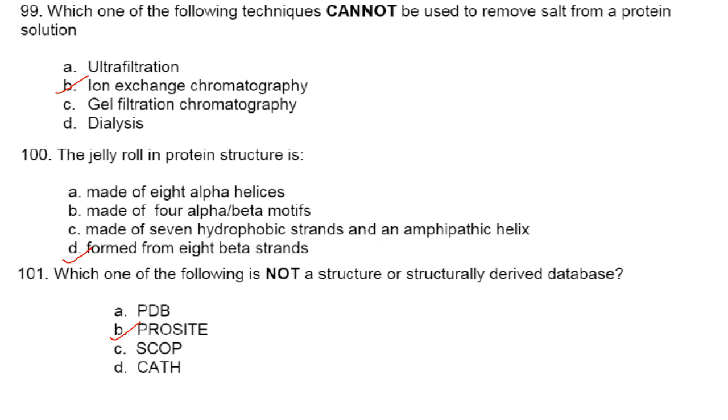So the answer here is Prosite. It is not a structure or structurally derived database. Prosite is a protein database and it consists of entries describing protein families, domains and functional sites as well as amino acid patterns and profiles in them. So the answer here is option B, that is Prosite.